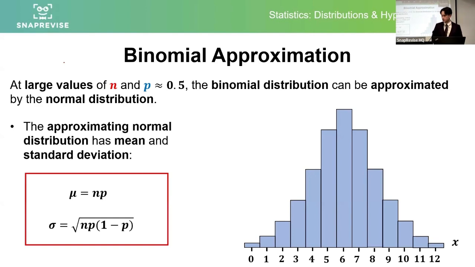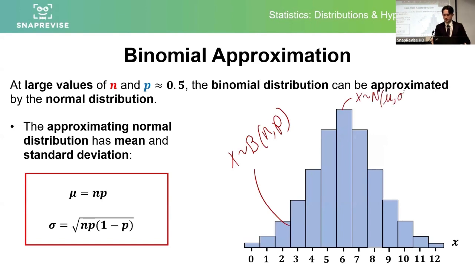So the way we approximate it, this key little information in the table here, is basically if it's appropriate to approximate, and we have a binomial where x follows the binomial with n and p, we know that the normal distribution is mu and sigma squared.